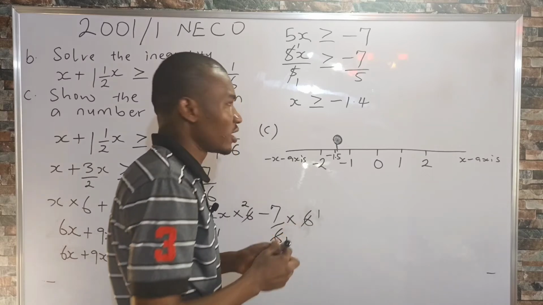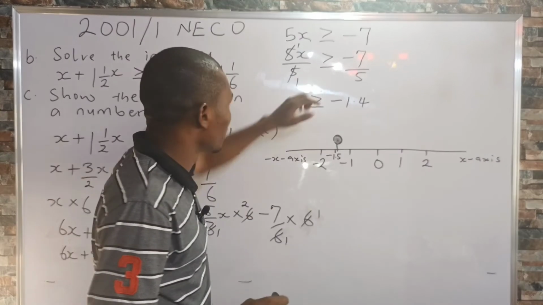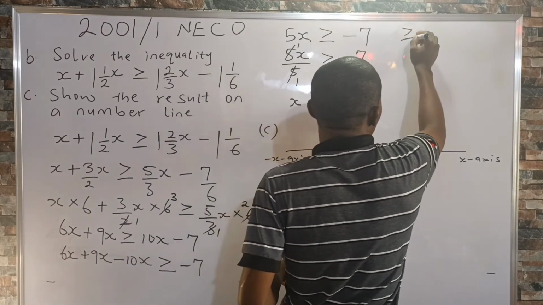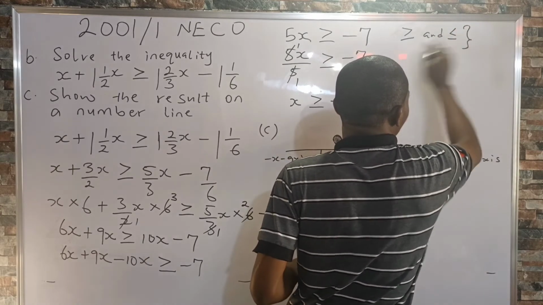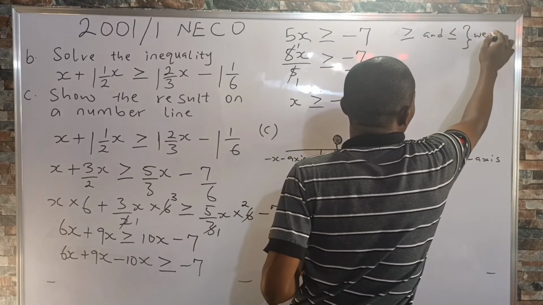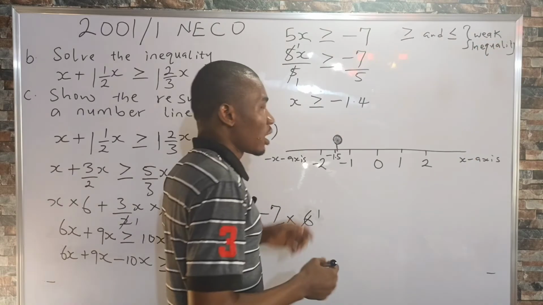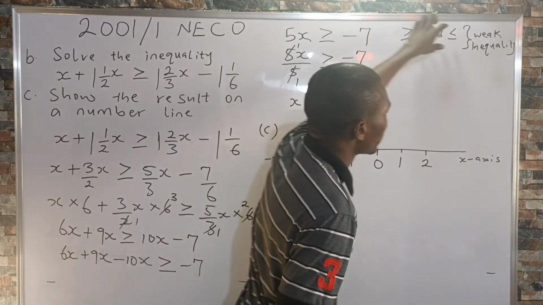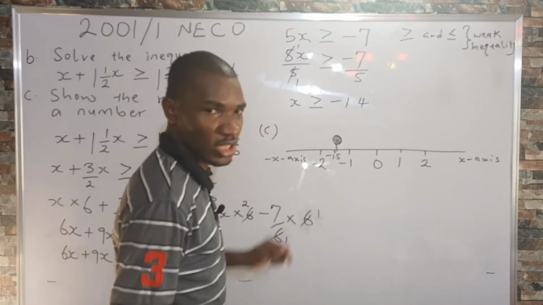This dot I shaded is because I'm considering a weak inequality. Remember that inequalities of the form greater than or equal to and less than or equal to, we call both of these weak inequalities. And when we are drawing a number line and referencing a weak inequality, the dot we put should be shaded.